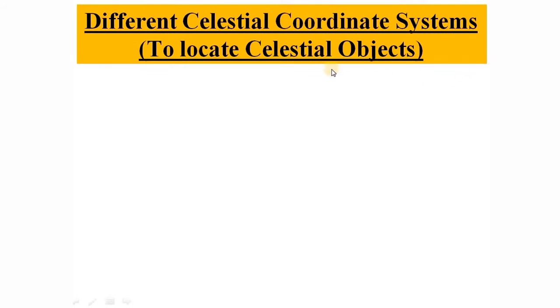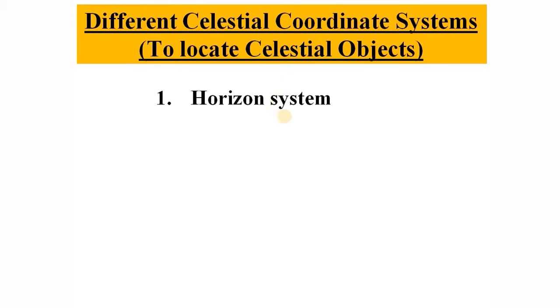Over time, many such coordinate systems evolved. Some of them became obsolete or useless and were discarded, and some more modern systems were developed. Now we have very advanced coordinate systems, and let us see a few among them.